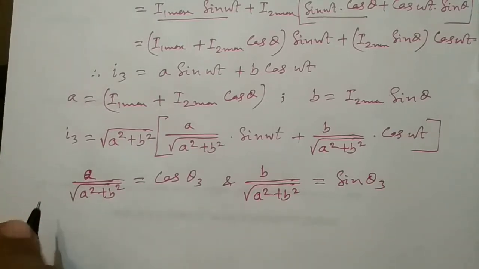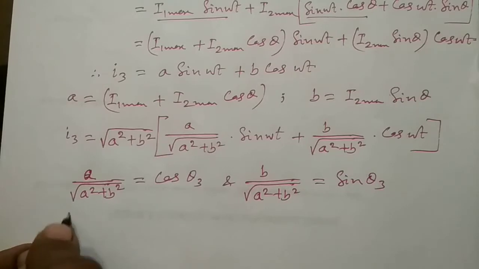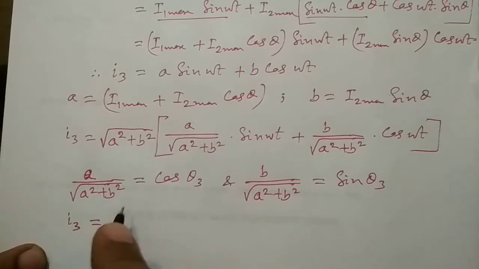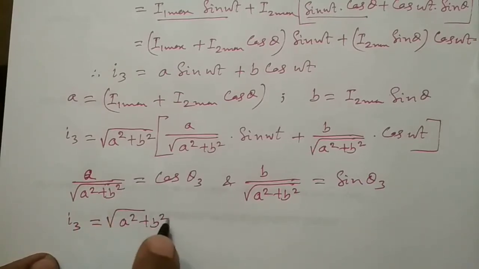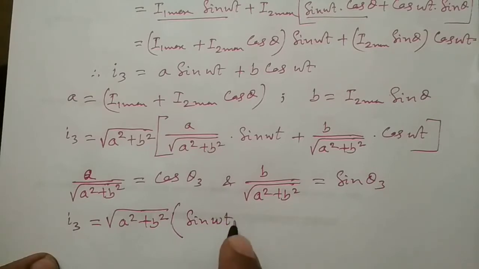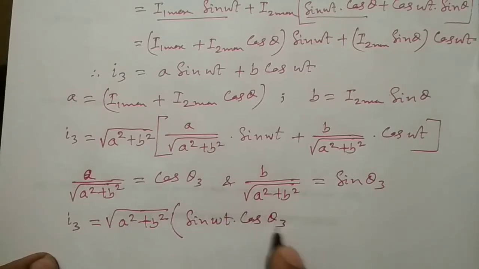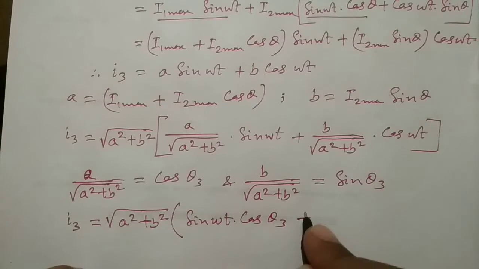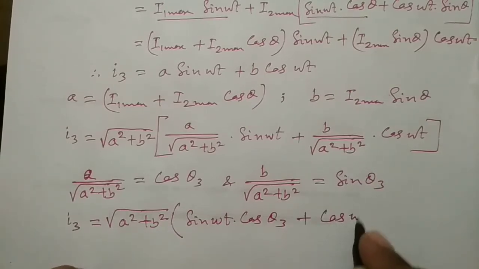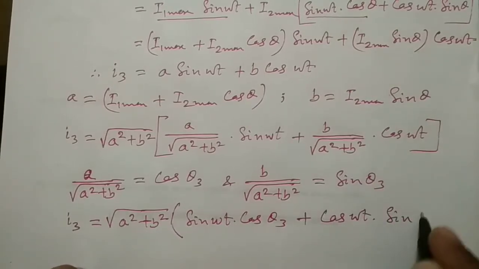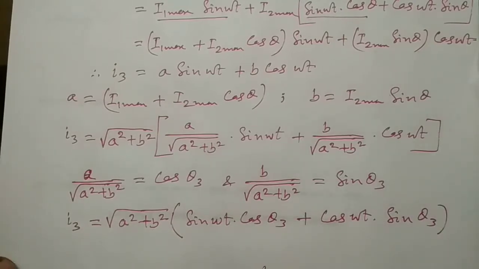So therefore the value of I3 can be written as square root of a square plus b square into sine omega t into cos theta 3 plus cos omega t into sine theta 3.